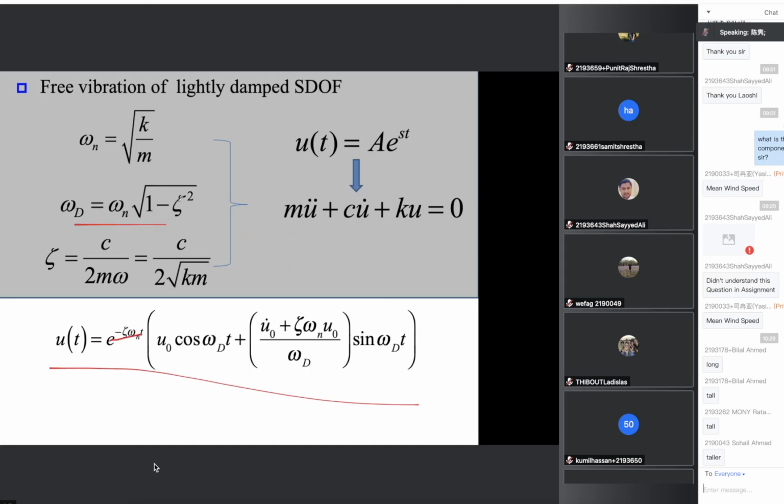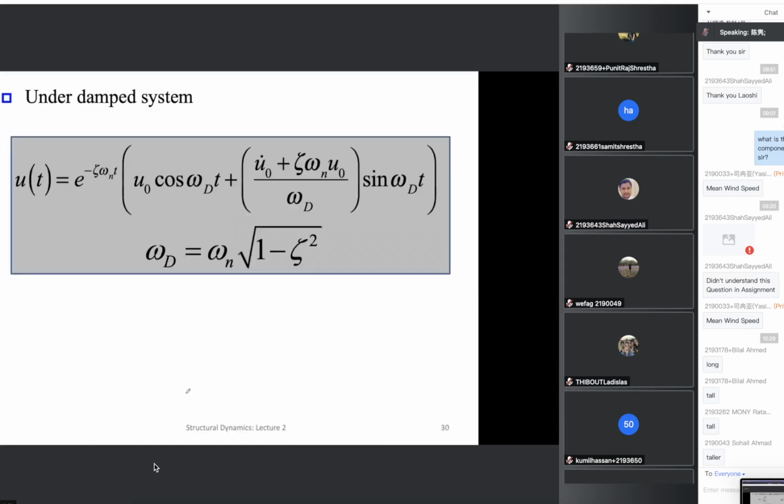This became 0, no damping, so it becomes the free vibration of the non-damped case. This solution is very important, and these are the two solutions for the two cases, with and without damping. Because it's an underdamped or lightly damped system, this is the solution.